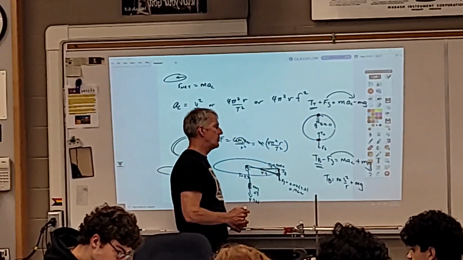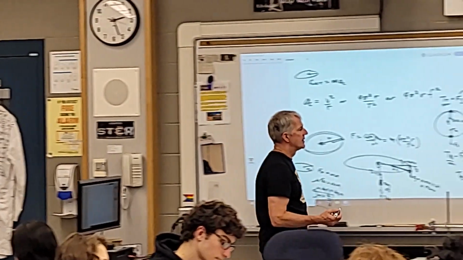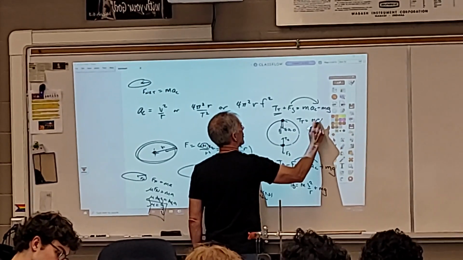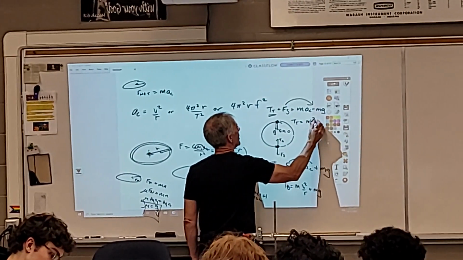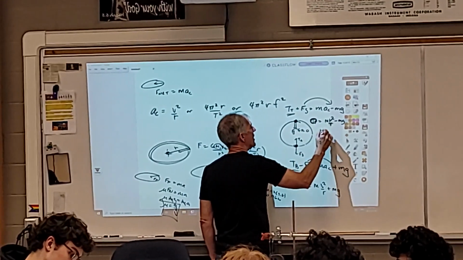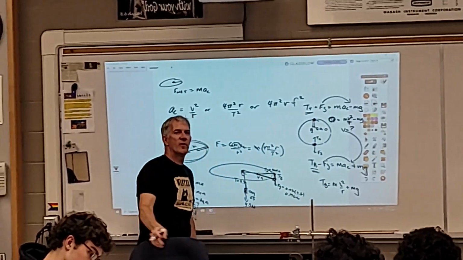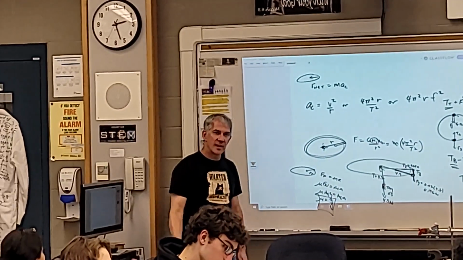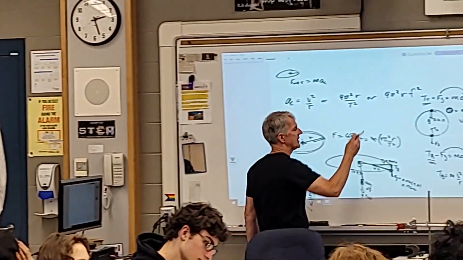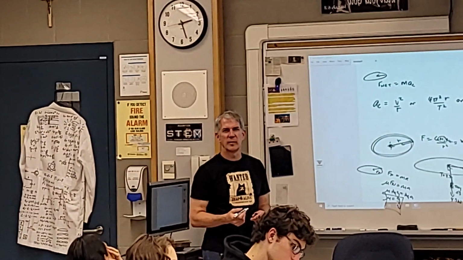So it could be that at the top, where it's mv squared over r minus mg, I say the tension at the top is near 0. Find the velocity. Assuming it's moving at constant speed, and if you carry that velocity down to here, find the tension at the bottom. Could be a problem like that.